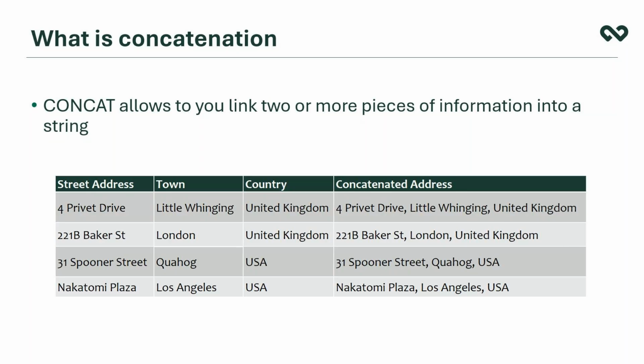On the screen, you can see that there are fields for street address, town, and country, and using a concat formula, this will allow you to display all of these values for these fields as a string, as you can see within the last column.